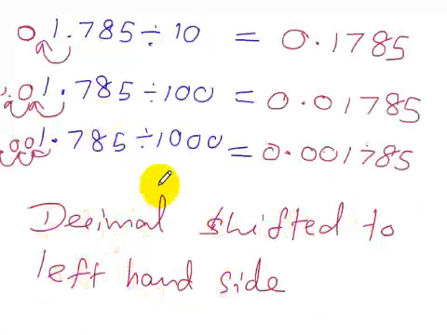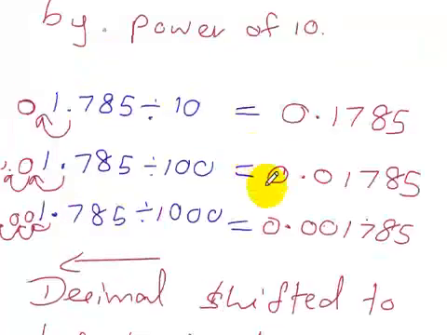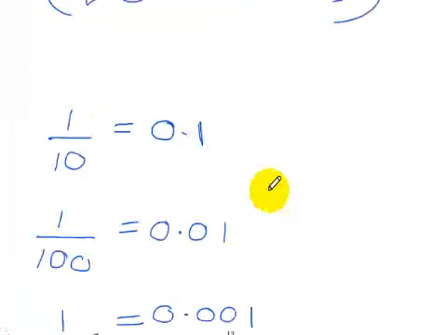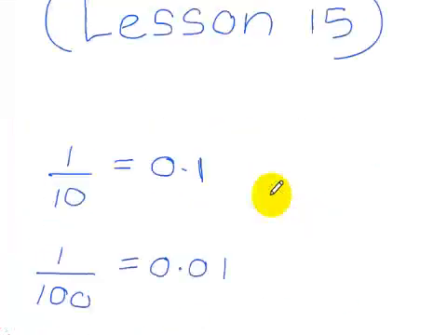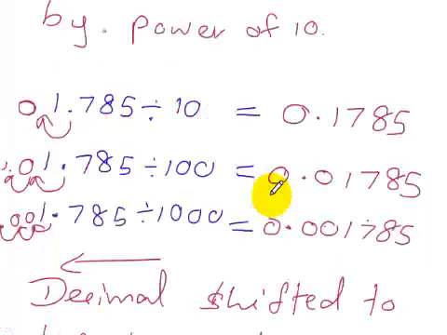When you divide, it shifts to the left hand side. How do we find the number of decimal places? You can find it by counting the number of zeros in the power of 10. Here only 1 zero, here 2 zeros, here 3 zeros. I think I reminded you of everything you have learned in grade 6 and 7 related to the lesson on decimals.